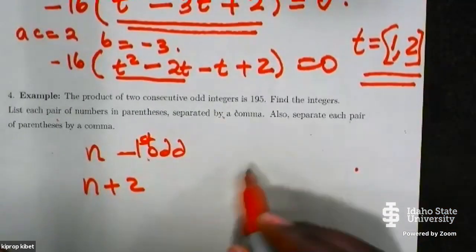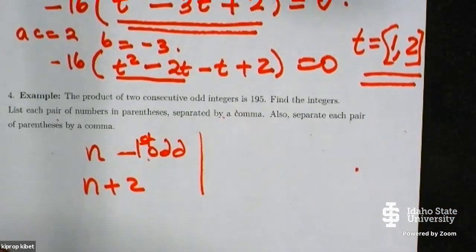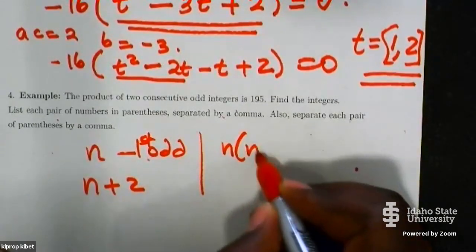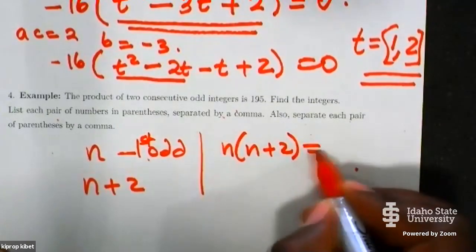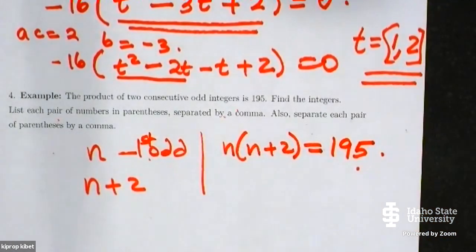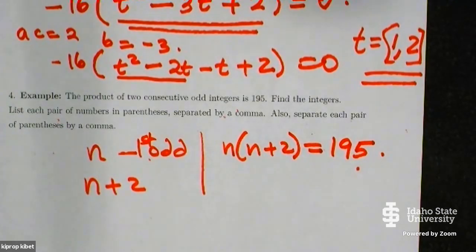So our equation will be what? The product, right? So the product is n times what? N plus 2 is equals to what? 195. Then translate and then solve the equation using the appropriate techniques. Now solve the equation.